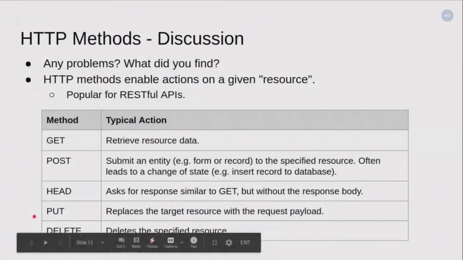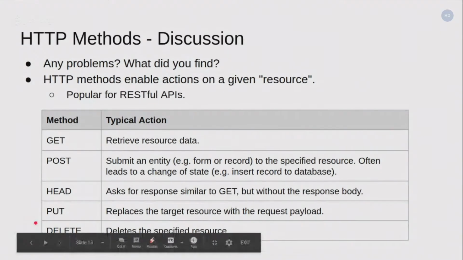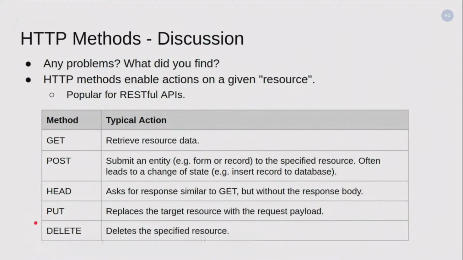So in this case, you'd be modifying, say, a record. You would give it on the URL a key typically for the data you're trying to modify, and then in the payload, which is often in JSON, you'd be passing it the modified record. And similarly with the DELETE method, you can delete a record from a database too.